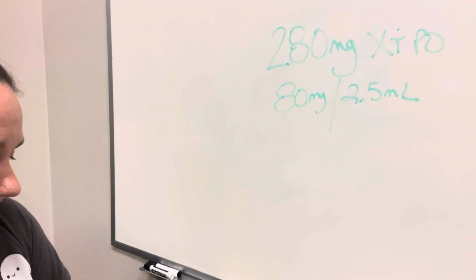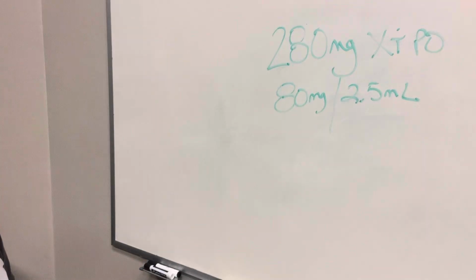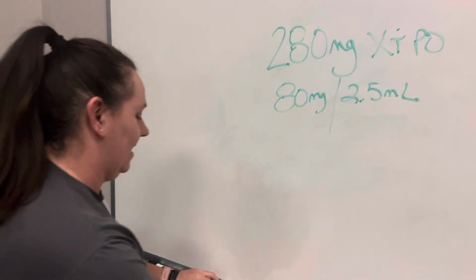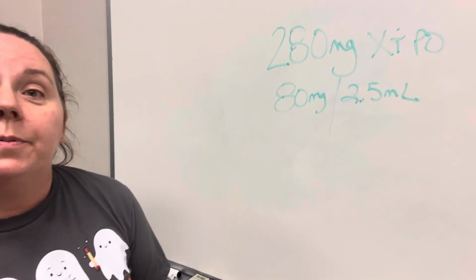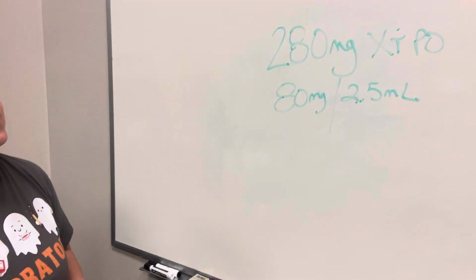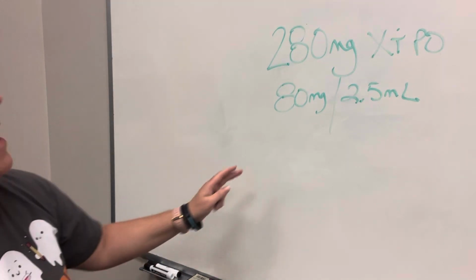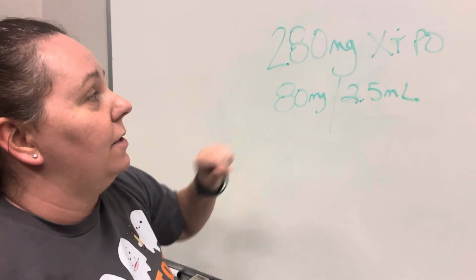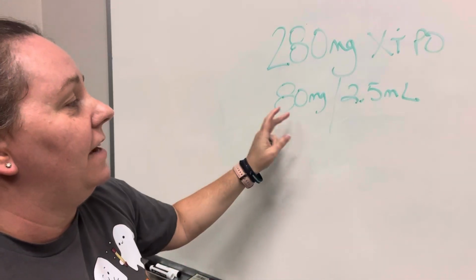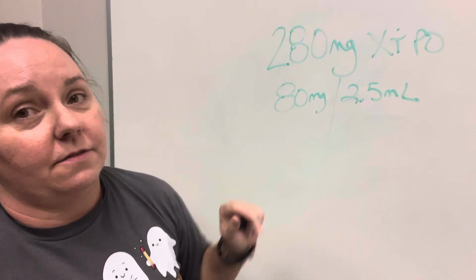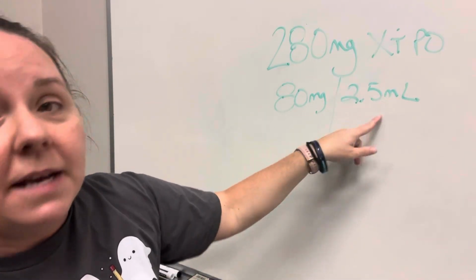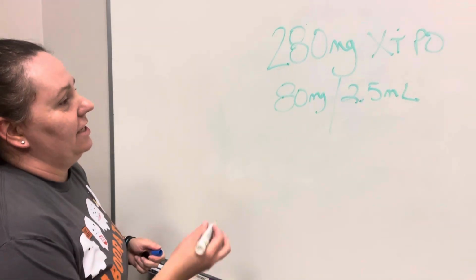So when we're looking at this, it's not as easy to eyeball, right? So then we want to turn around and we're going to put this into dimensional analysis. So we know that we have to give 280 milligrams, and we have 80 milligrams and 2.5 milliliters available from the pharmacy. So how many milliliters are we going to give this patient?